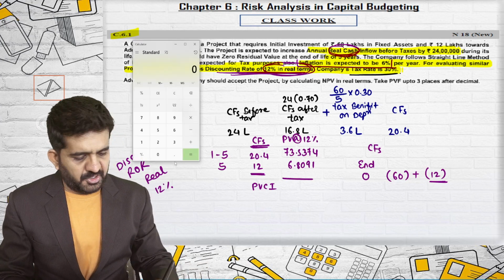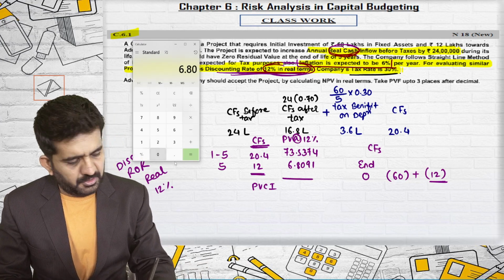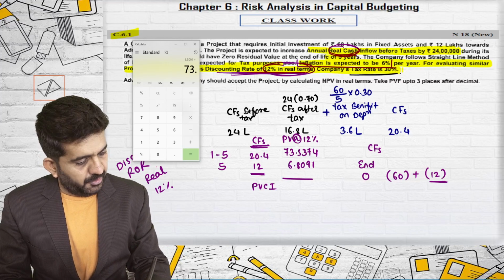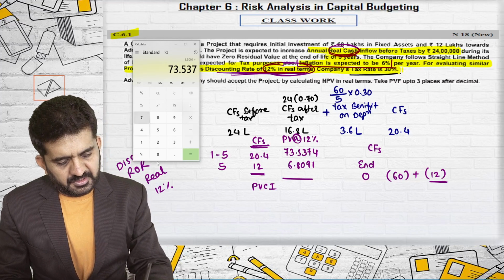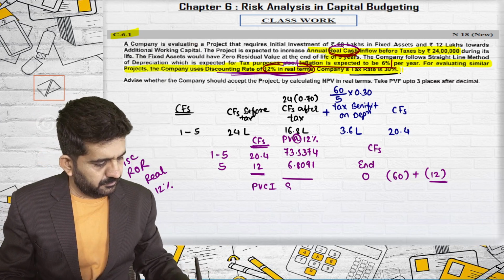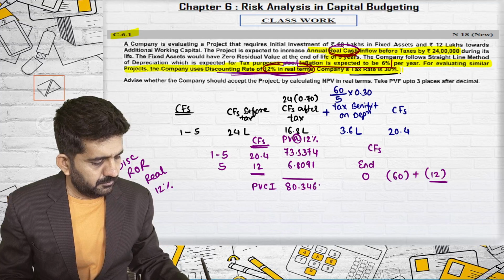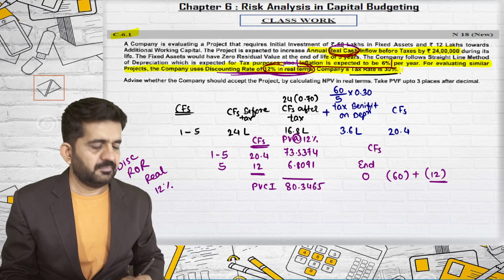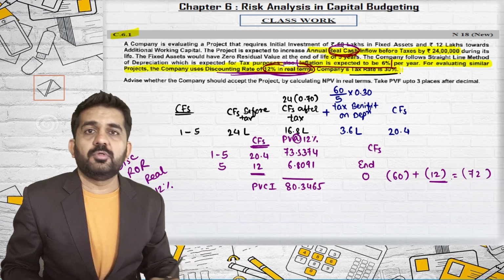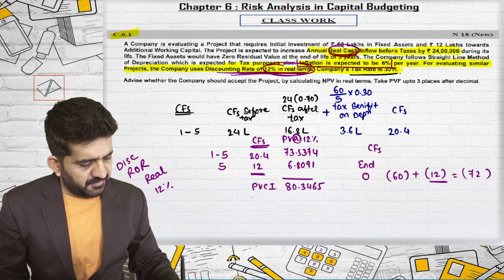Present value of cash inflow will be 6.8091 plus 73.5374, that is 80.3465. This is my cash outflow which is 72. It is at the end of 0 year, so it itself is a present value.